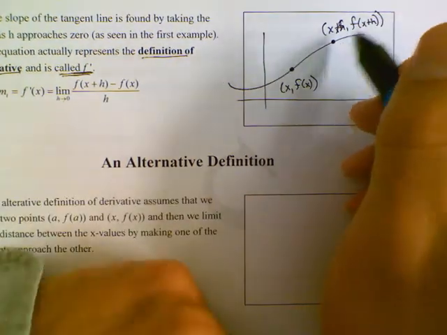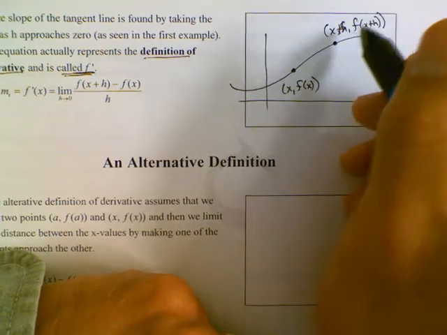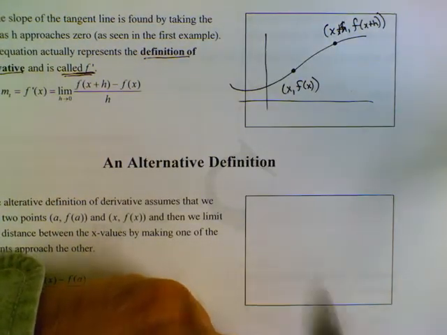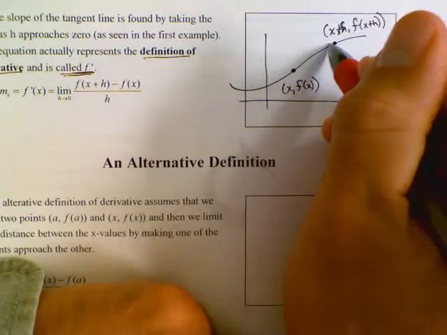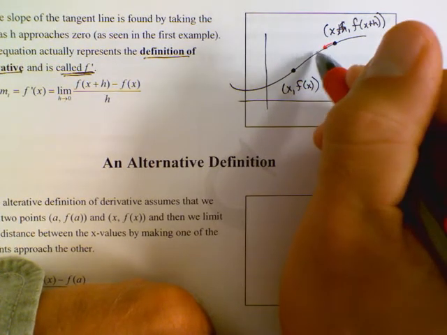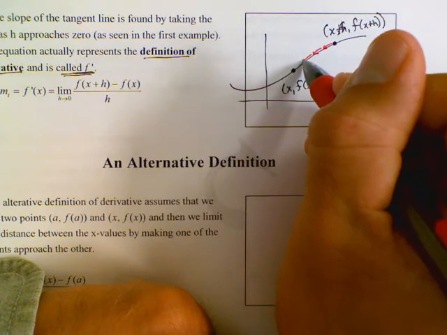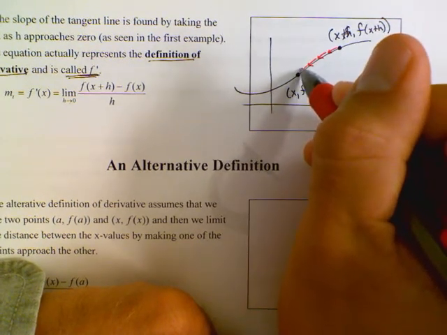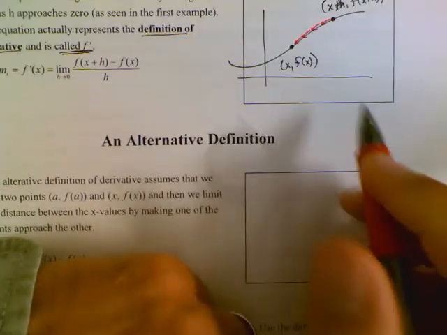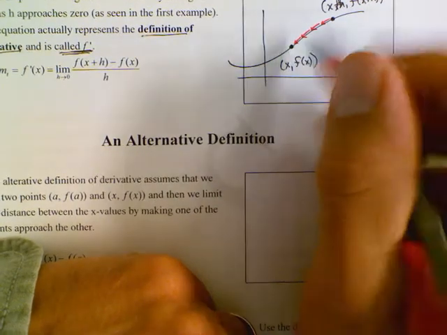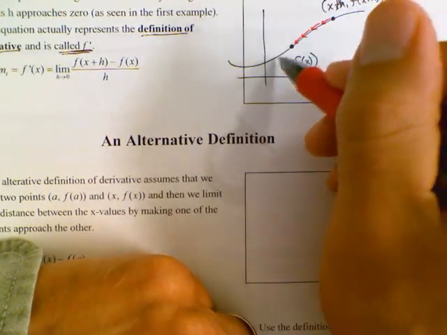If we make h go towards 0, then this point gets infinitely close to x comma f of x, and that's going to give us the slope of the tangent.